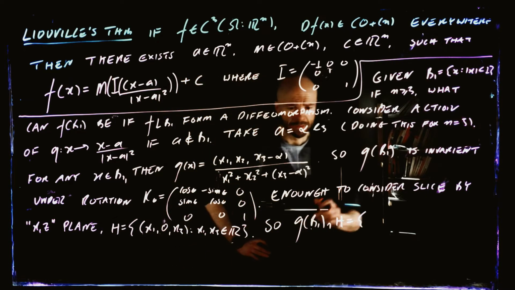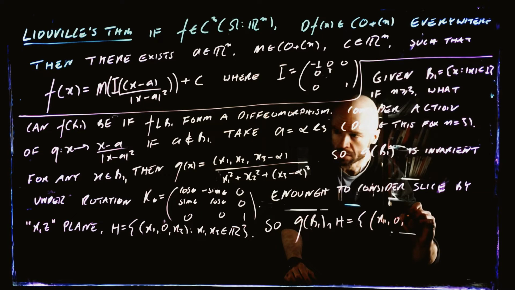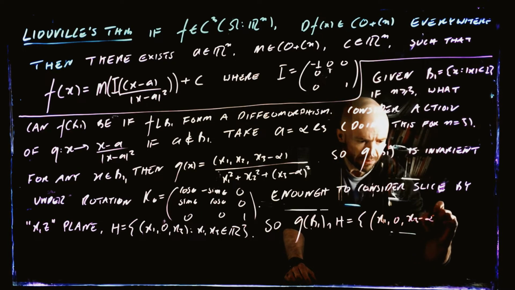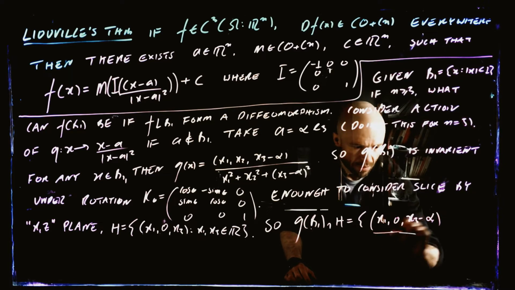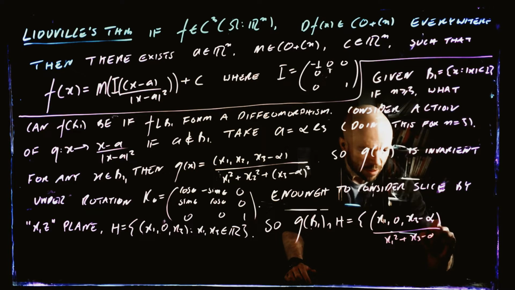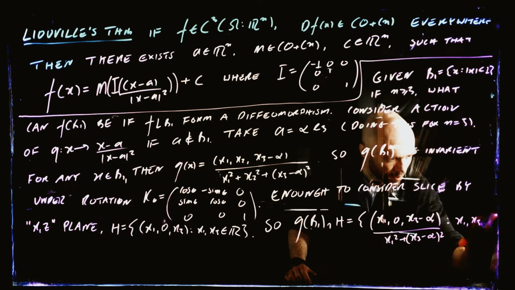So then this will be the set of things of the form x1, 0, x3 minus alpha over x1 squared plus x3 minus alpha squared, for x1, x3 belonging to the unit ball, I should say.